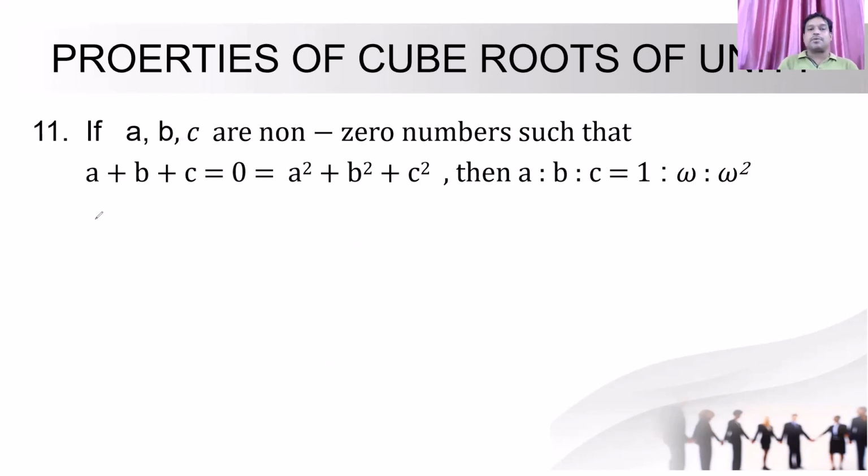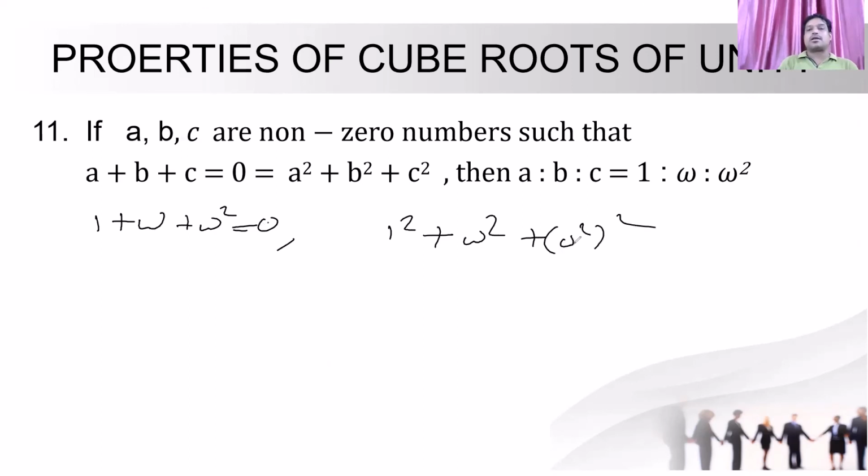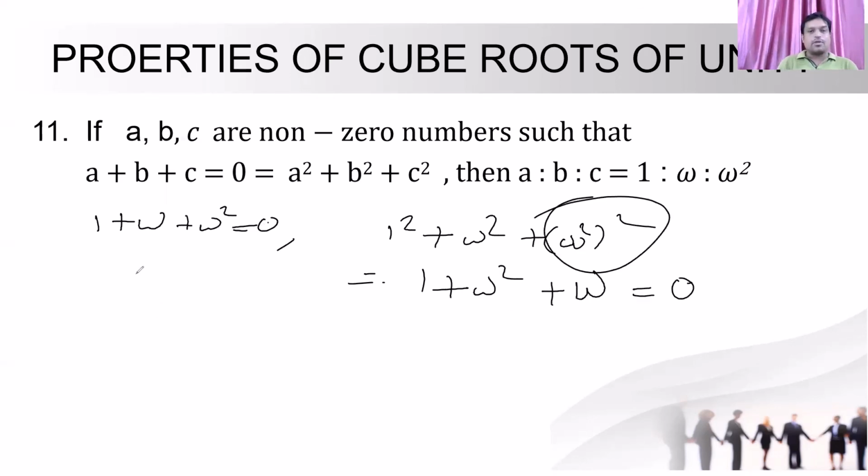So the value of a must be 1 and omega square, the answer will be 0. Or 1 square plus omega square plus omega to the 4, the answer will be 1 plus omega plus omega square. Omega to the 4 is what? Omega. So it is also 0.